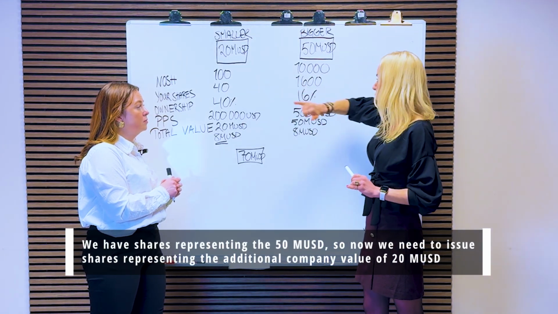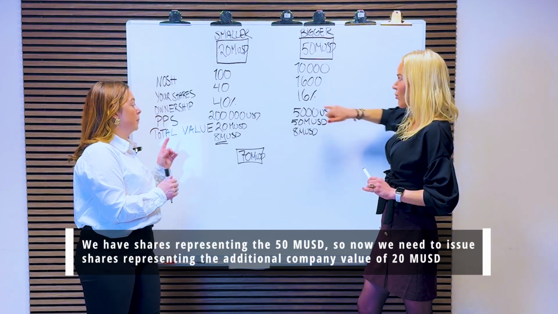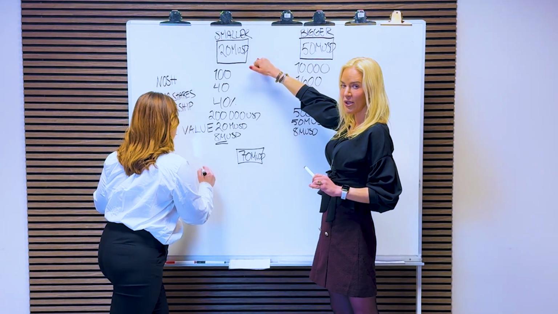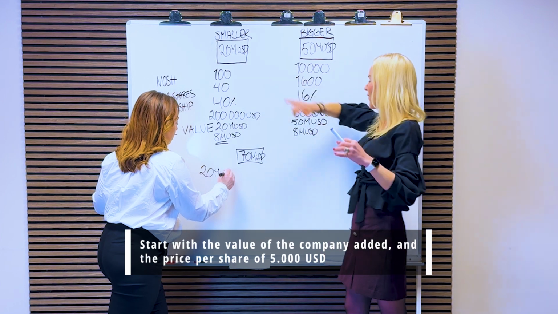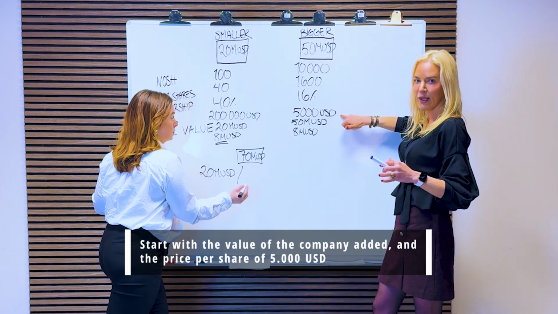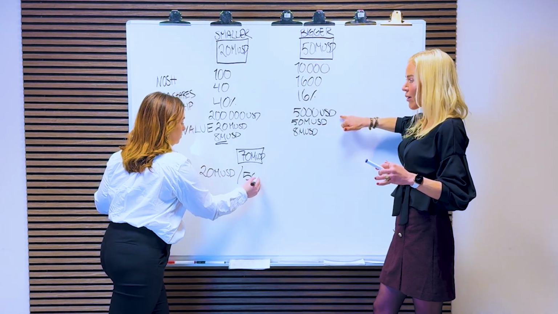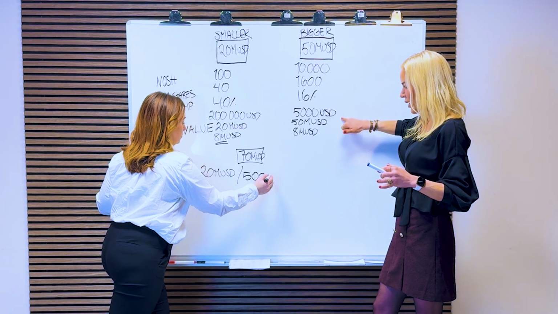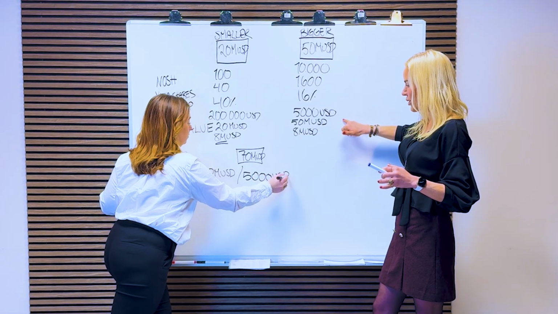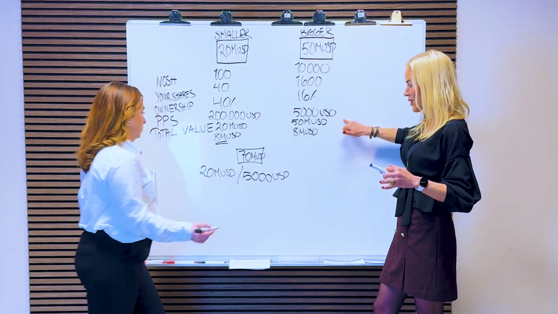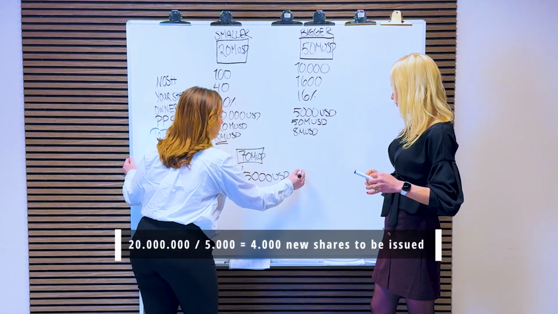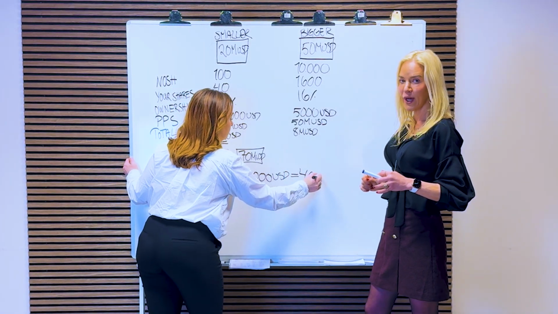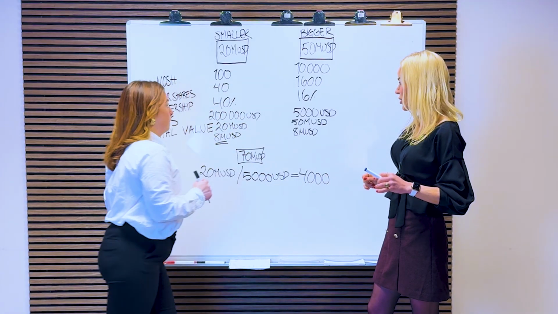Given that we know the price per share, we take 20 million, because that's the added value. The cake has gotten 20 million bigger. And we divide it by the price per share, because that will not change. So how many new shares do we have to issue in this case? That's 4,000. So 4,000 new shares will be issued.